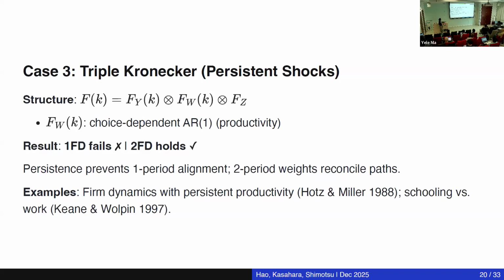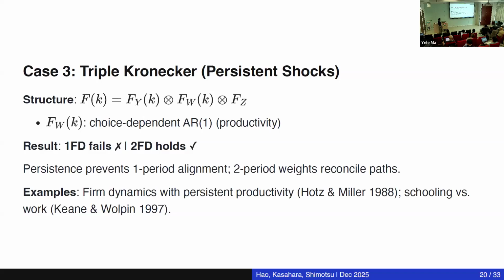Suppose you have a triple Kronecker structure where this one depends on your action, and this also depends on your action. And suppose this has one rank deficiency satisfied, and this one also has one rank deficiency satisfied. An easy example to think of is that this is your entry-exit status as a firm, and that one has one rank deficiency because the column of each action is being one.